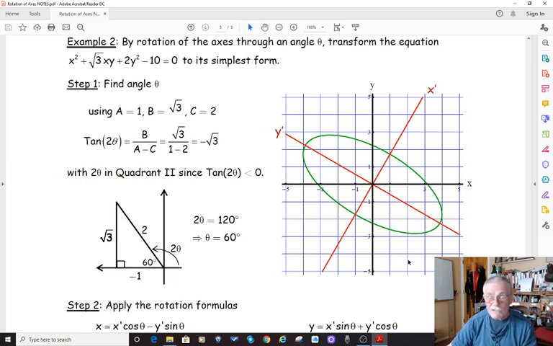Not easy to use, but at any rate, you've got your x and y coordinates. Those axes are in black. There's your equation, and x prime, y prime, those axes are rotated. This angle here would be 60 degrees. That's what we're finding out.